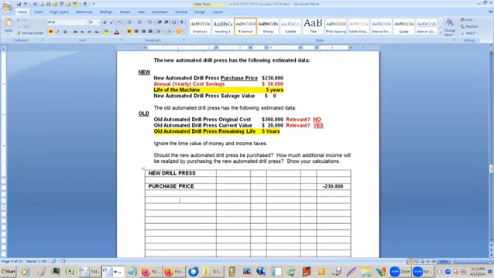Okay, annual cost savings. So this is going to cut our cost by $50,000 a year.